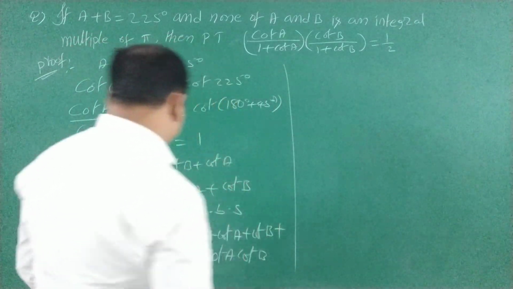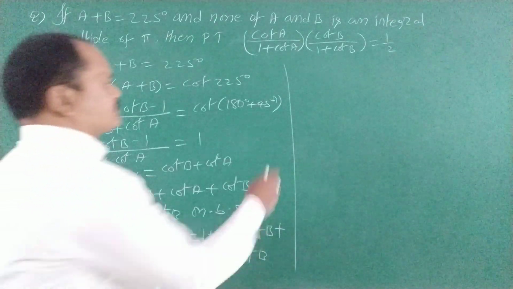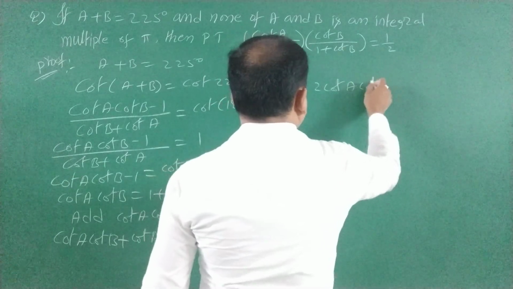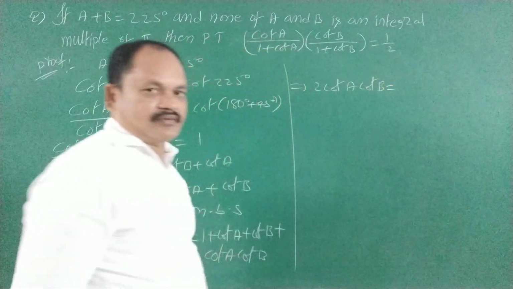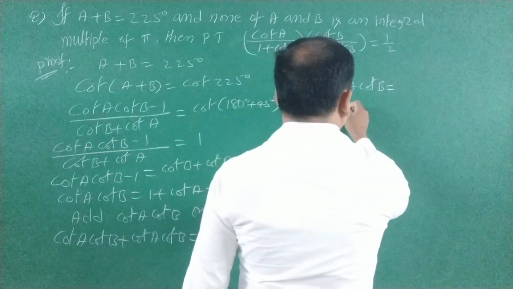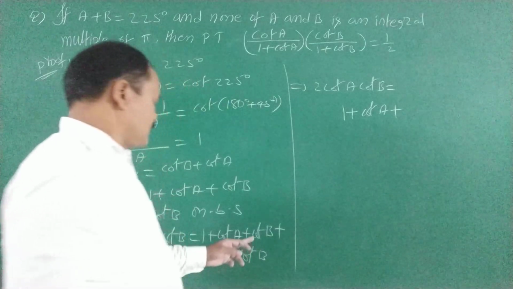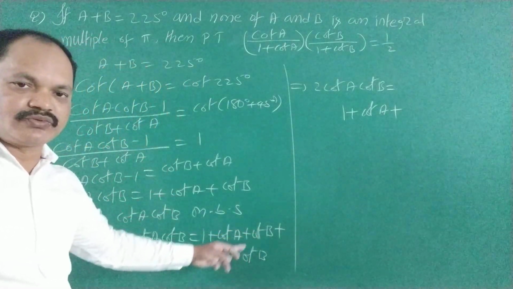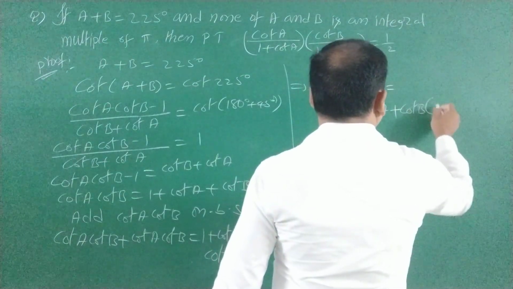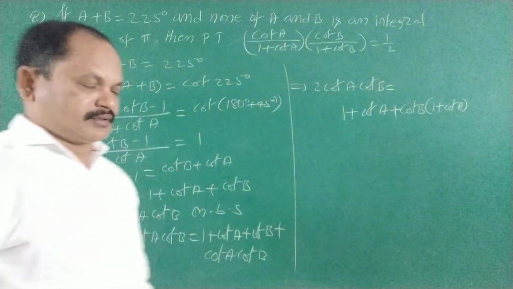Now from this, here cot a cot b plus cot a cot b, 2 times cot a cot b is equal to, here this is 1 plus cot a plus, take out cot b from these two, then cot b into 1 plus cot a is there. That's all.